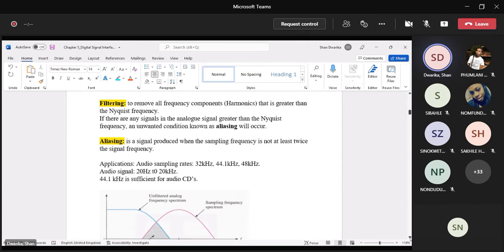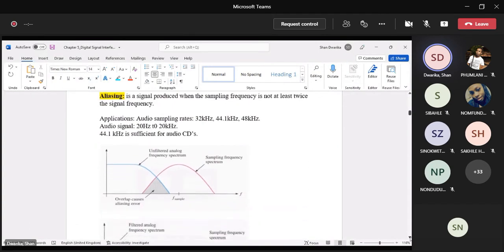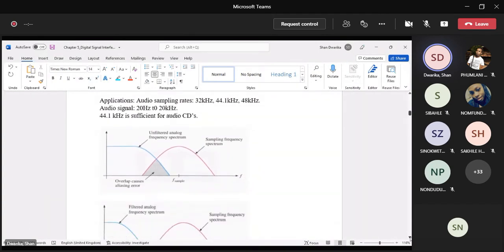Aliasing is a signal produced when the sampling frequency is not at least twice the signal frequency. As an application, we all know that the audio signal range is from 20 hertz to 20 kilohertz.